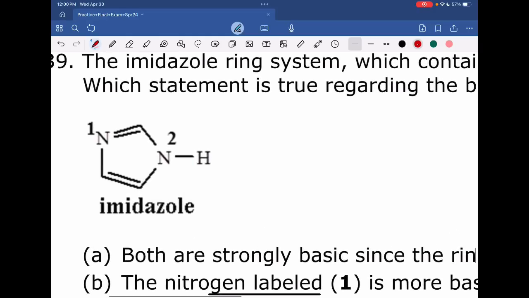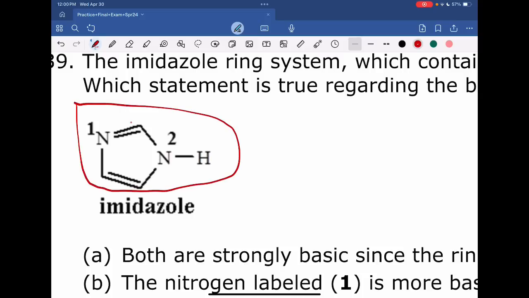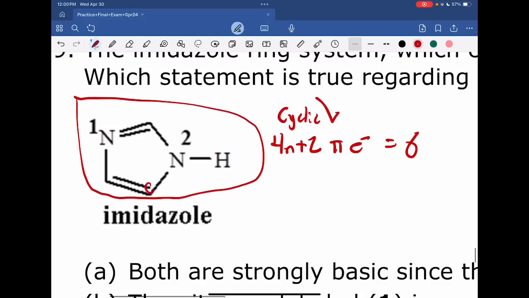This is about aromaticity. We should be able to recognize that this is an aromatic molecule because it's cyclic, it's got 4n plus 2 electrons. It's got 6 in this case, it's got 1 in here, 1 in here, 1 in here, 1 in here, and 2 from the lone pair in this nitrogen.